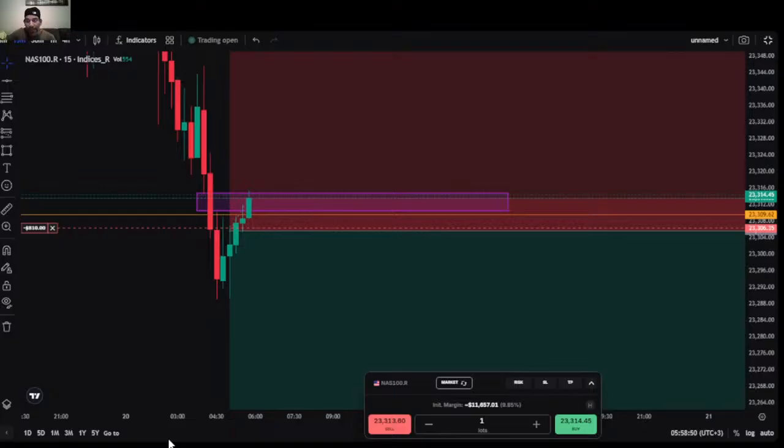It's about to invalidate it though. What do we got? Like a minute and a half. Let's see. And it's at the very top of the FVG right here too.